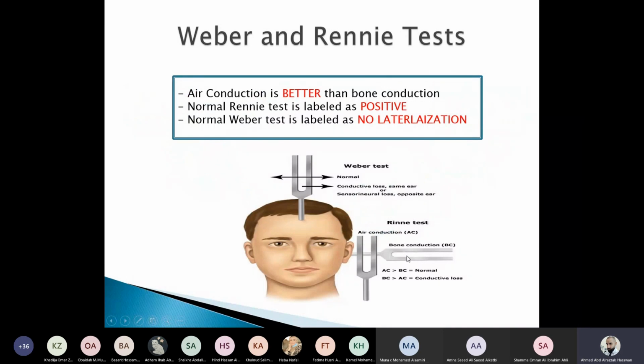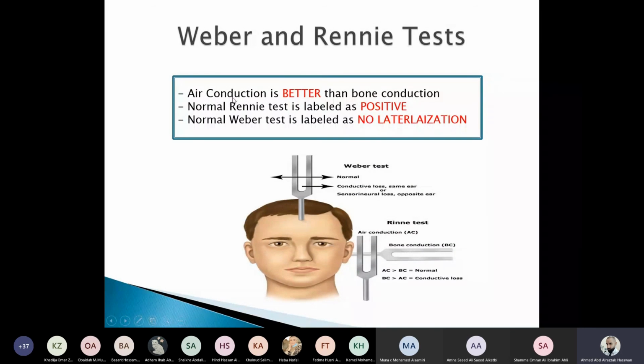Then we tell the patient, okay, sir, when you stop hearing the sound, please tell me. So the tuning fork will start slowing its vibration. Then the patient will tell you, I stopped hearing that. Then we take the fork from the mastoid process and hold it just next to the patient's ear. Now, what we're testing is the air conduction, okay?